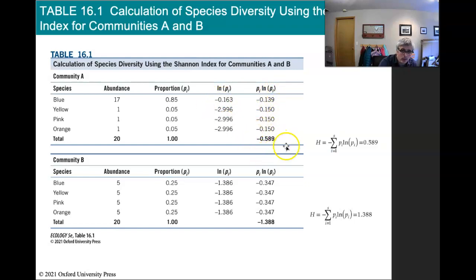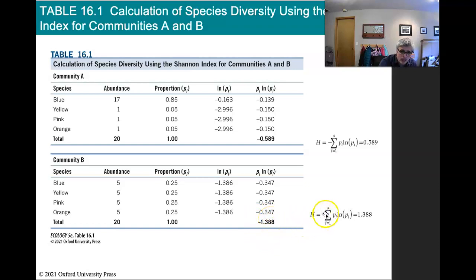And then we sum up all those values, we just add them up, and now we've got a negative number here, negative 0.5 for our uneven community A. For community B, we have the same number of species but a more even distribution. So here we're multiplying 0.25 by the natural log of 0.25 to get negative 0.3. We add that up, and now we have negative 1.3.